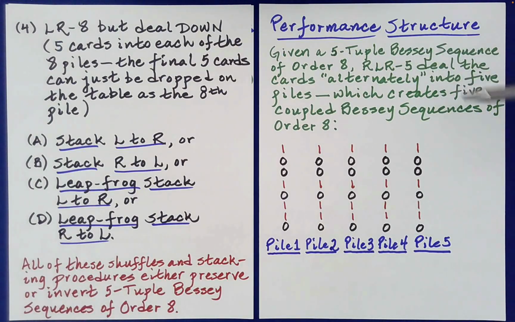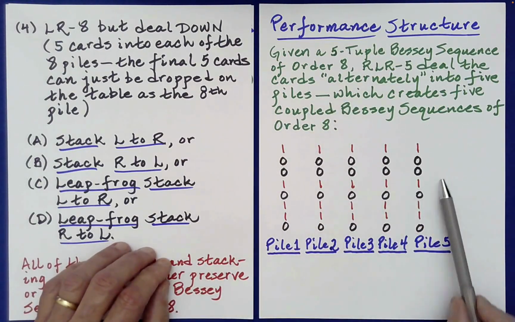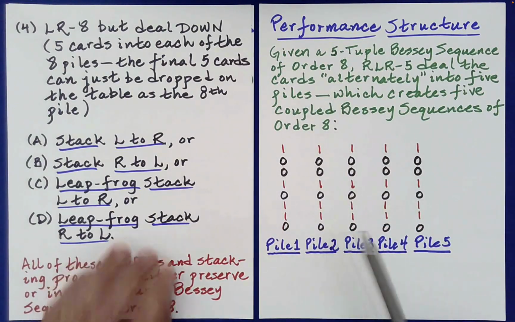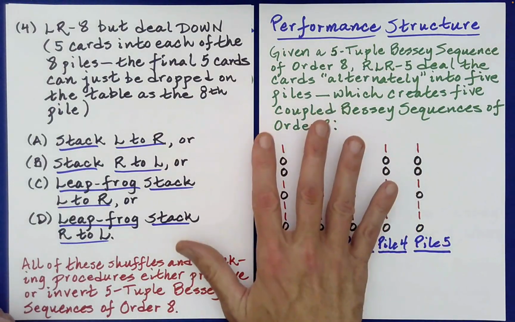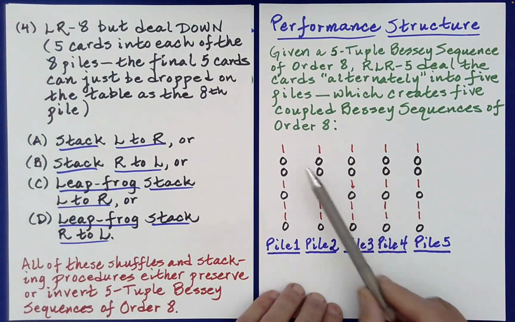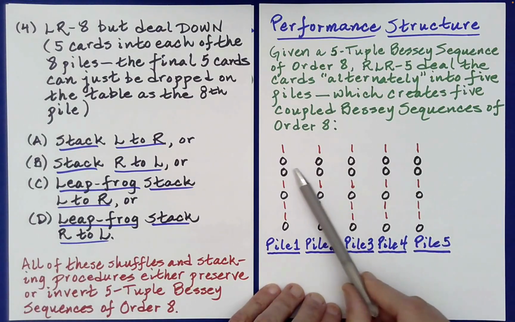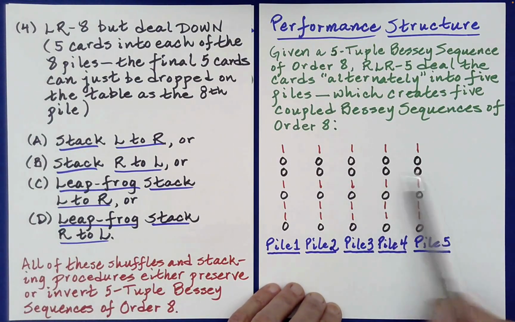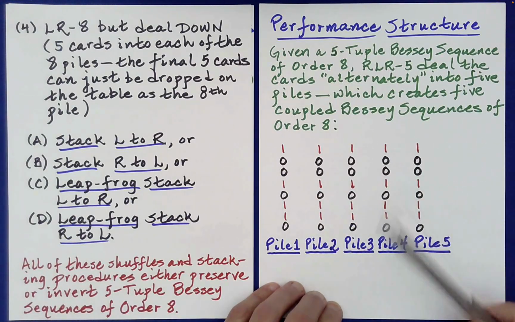And how I could have done that is I could have done like 1, 2, 3, 4, 5, and then the next one could be 1, 2, 3, 4, 5. You can actually randomly create each level of that pile of 8 cards. Well, that's for the simple reason that the top 5 cards are all equivalent. They're all ones, so they can go anywhere. And then the next set of 5 are zeros, so they can go anywhere for the next level. And then same thing is true for the next set of 5.